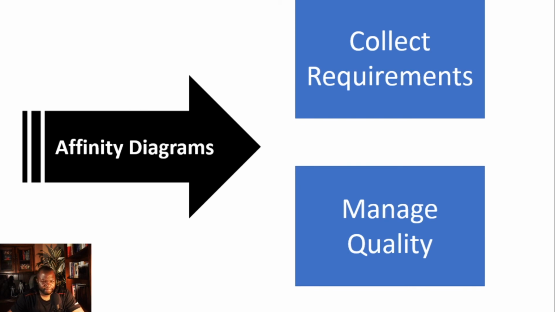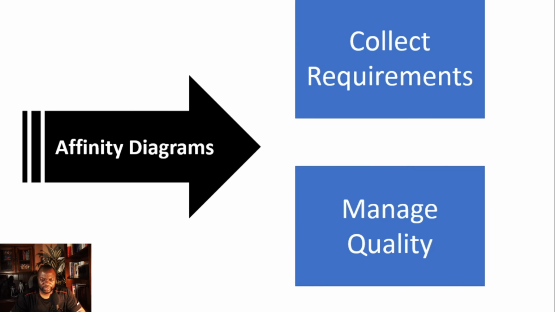Okay. Now, when we use this in quality management, we use this to organize potential causes of defects into groups, showing areas that should be focused on the most. You could also think about the Pareto, which is not mentioned explicitly in the PMP guide as well, but that same vein of thinking where you're trying to find potential causes of defects, and you're putting these in groups, showing areas that you could focus on the most.